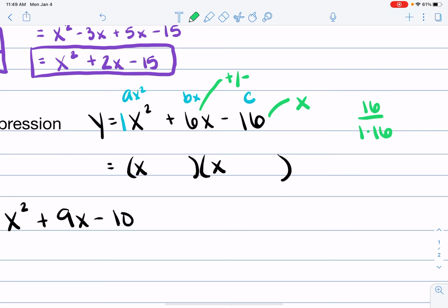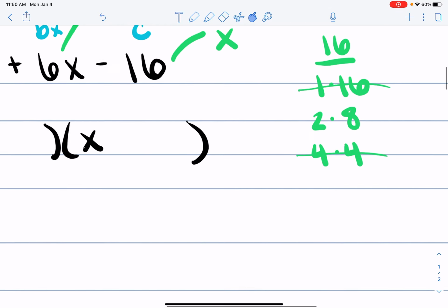We've got 1 and 16, 2 and 8, 4 and 4. And can I make any of these add or subtract to be a 6? Well, 16 minus 1 is 15. That's not going to work. 4 and 4, can I add those together in any way to make 6? Probably not. But let's take a look at 8 and 2.